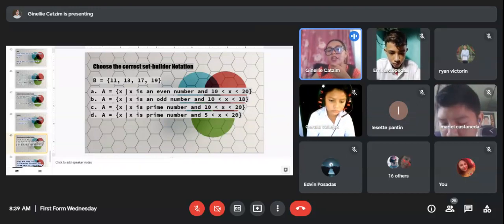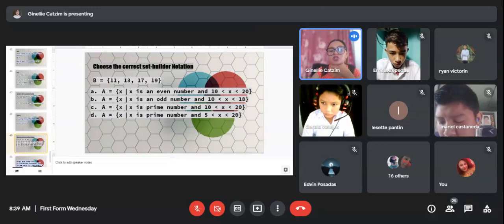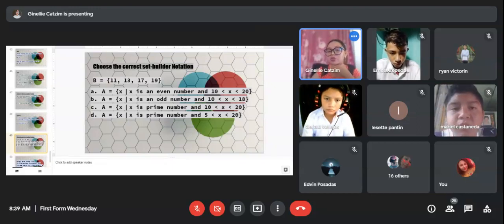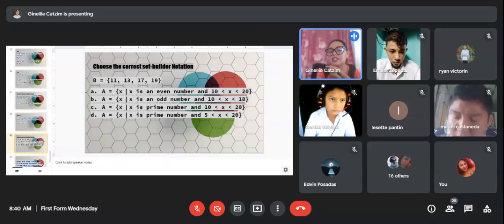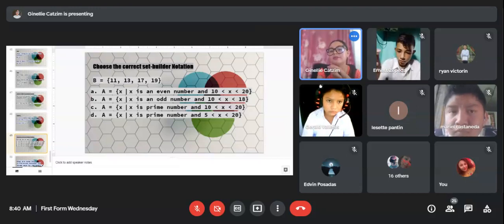So do you agree that this is what the set is representing? Or do you wish to change your response? Remember, you should learn this little notation so that you know what it means. When the little arrow looks like a little L, it means less, right?